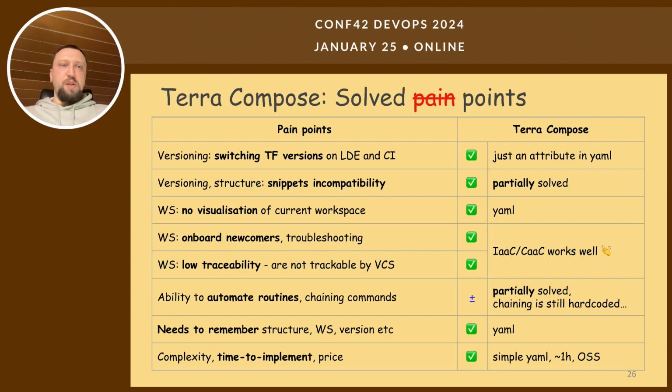Snippets incompatibility, visualization, workspace traceability, automating routines, needing to remember, all of these were solved. Chaining commands is still, well, solved, but it's hard-coded. That's why I marked it as partially solved.